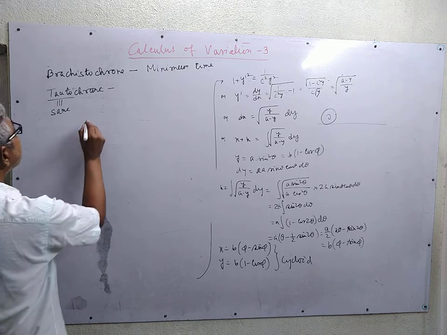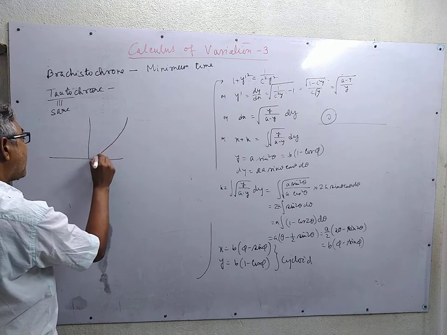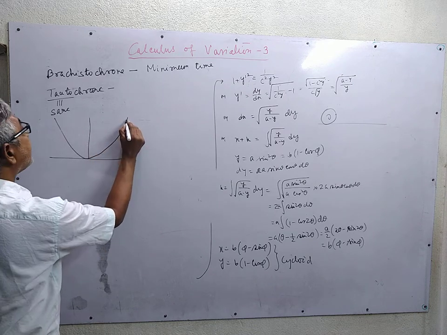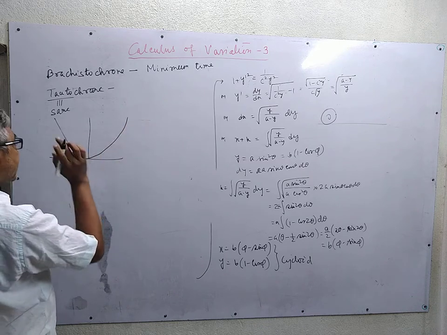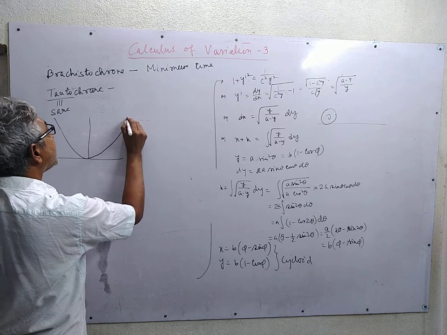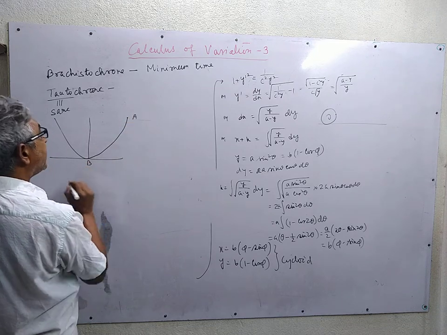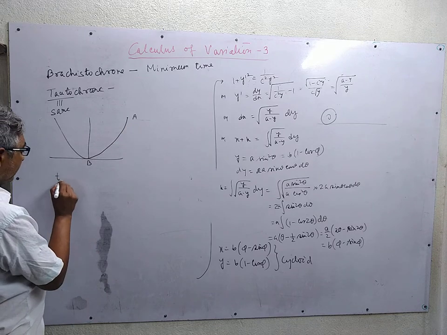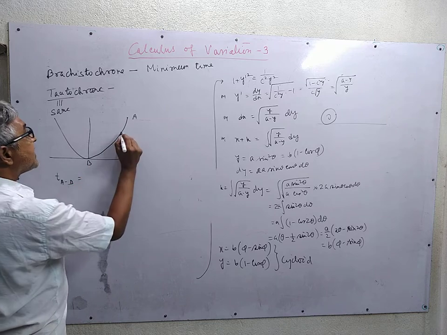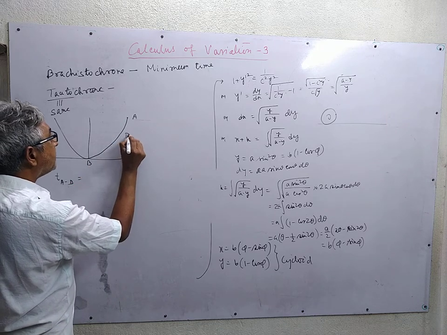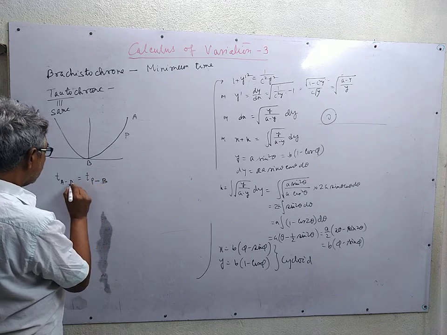We consider a particle starting from the maximum height A and coming down to the minimum height B. The time taken from A to B is the same as the time from P to B.